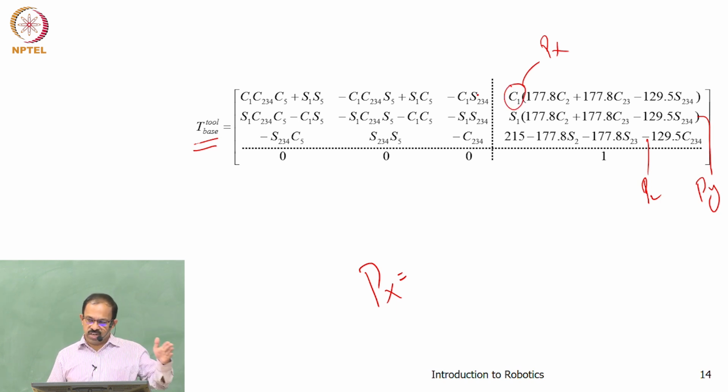As the first joint changes, Px changes. As theta 2 changes, it changes. Theta 3 changes, position changes. Theta 4 changes. And it's not a function of theta 5 because theta 5 is the roll axis. The roll axis is not going to change the position of the tool with respect to the base frame. That's why Px is not a function of theta 5, but it's a function of theta 1, theta 2, theta 3 and theta 4 plus other fixed parameters.